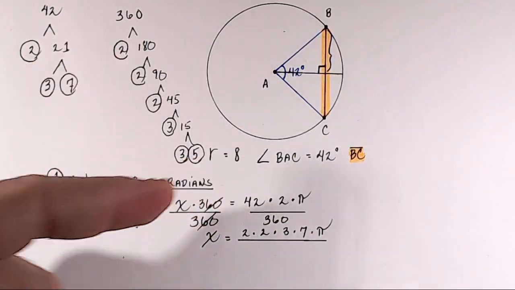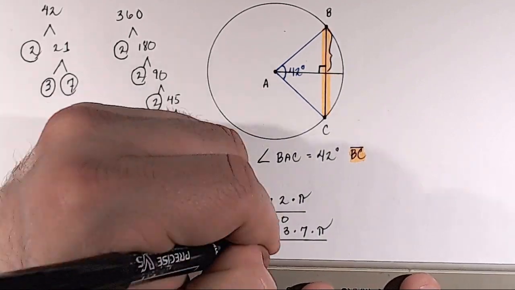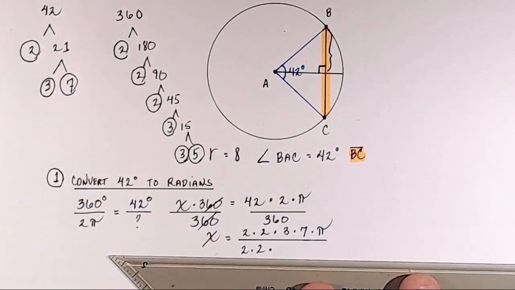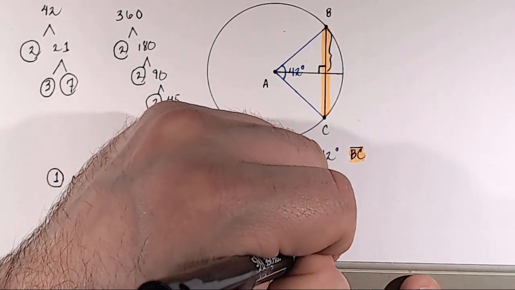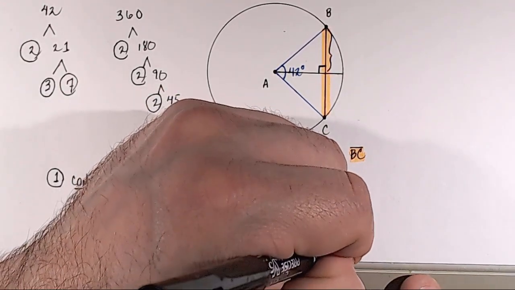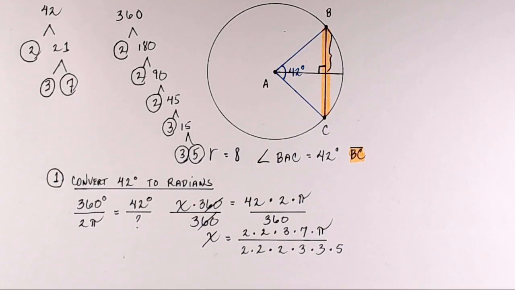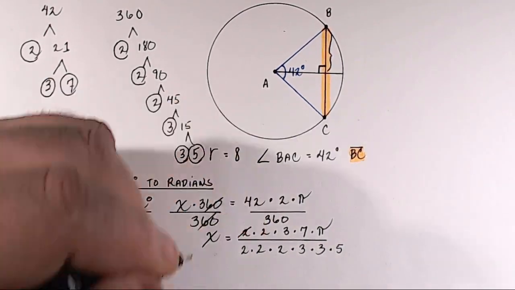We'll write all those out into the denominator: 2 times 2 times 2 times 3 times 3 times 5. And now we can cancel out the common factors in the numerator and denominator.